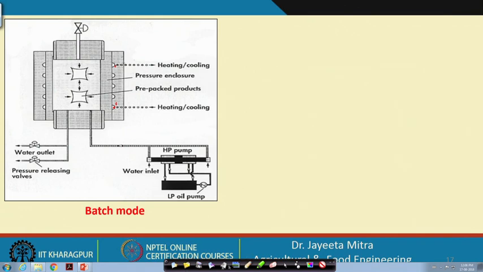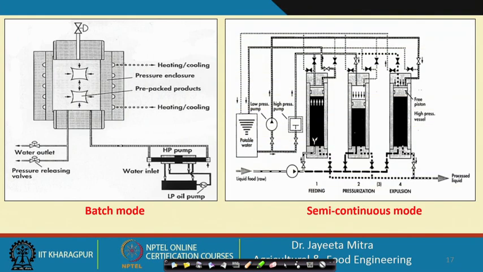So, what is the other system? The other system is the semi continuous mode, where the liquid food is sent by pump to the chambers, and there are chambers in series.